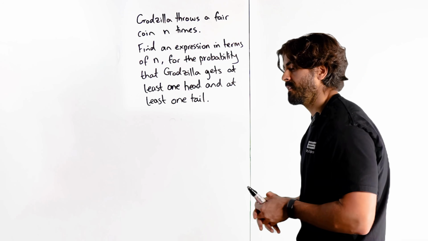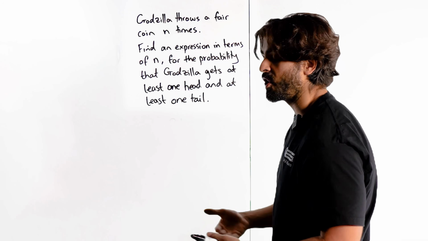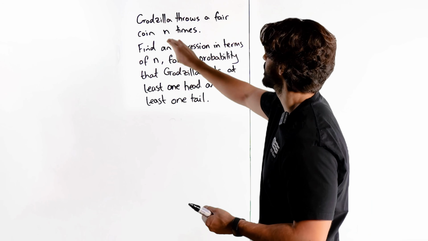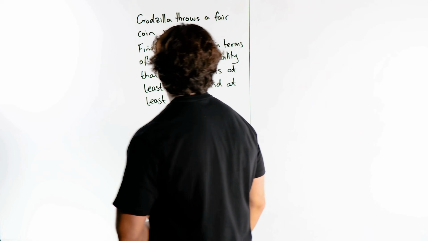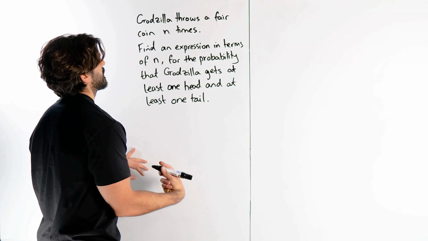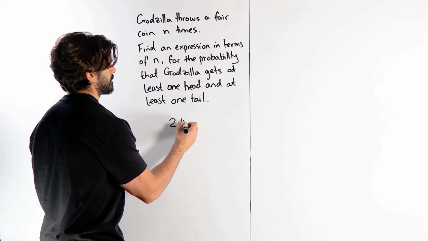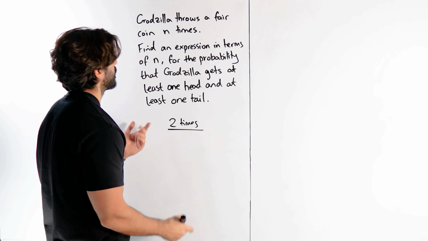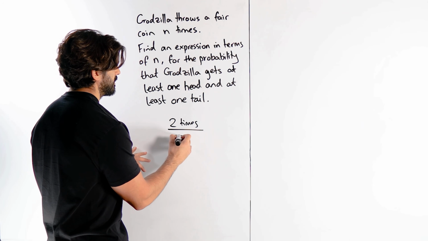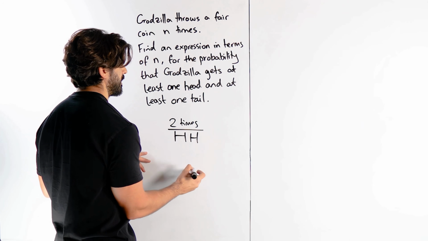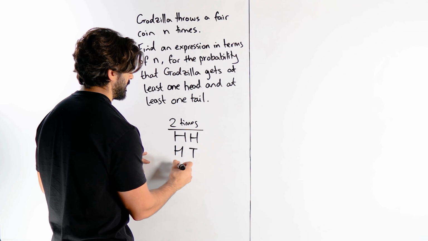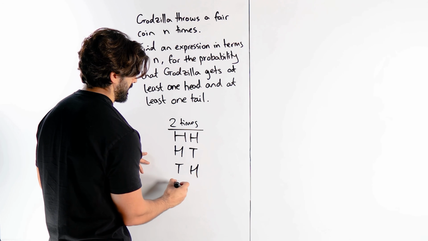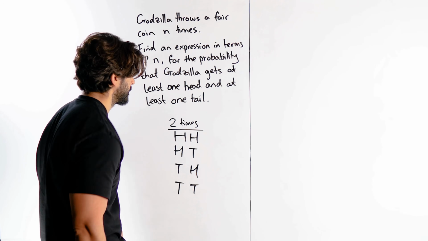The best way for me to explain this to you is to give you an example where it's not in terms of n. Let's just say Godzilla throws a fair coin 2 times. Let's look at the outcomes he could have got. Well, if you throw it 2 times, he could have got heads, heads. He could have got heads, tails, tails, heads, and tails, tails, right?